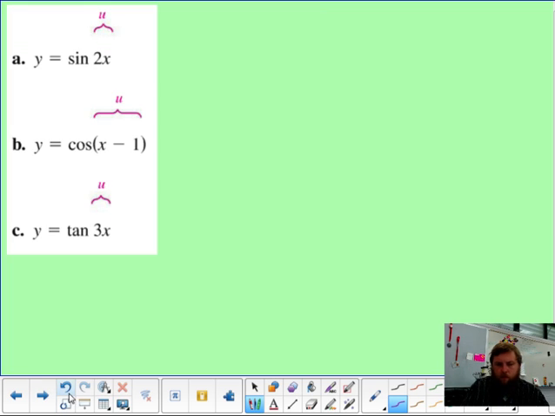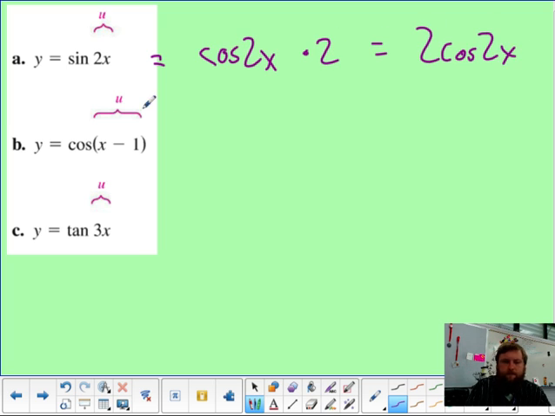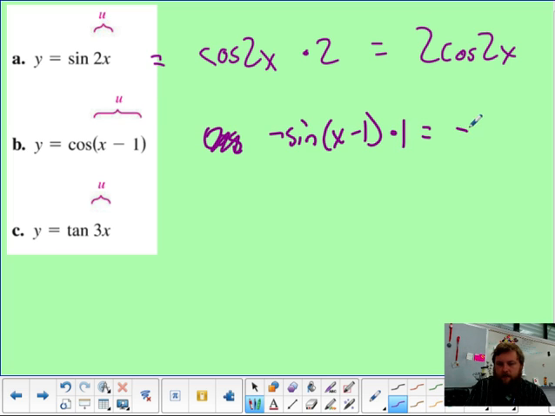Anyways, let's do some more of the examples like this. So sine of 2x would be cosine of 2x times 2, which is 2 cosine of 2x. Cosine of x minus 1, the derivative of the inside is 1, so it'll be negative sine of x minus 1 times 1, so it's just negative sine of x minus 1.